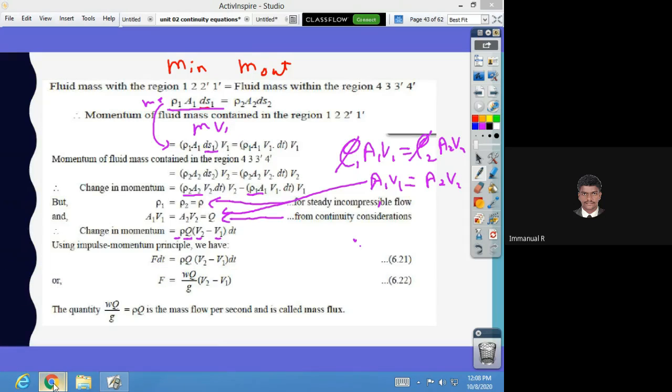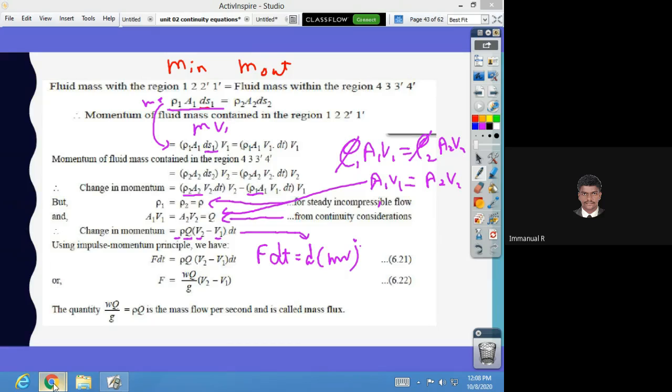And then using the impulse momentum principle. So from the impulse momentum principle, what is the formula? F dt will be equal to d of mv. So right now I have found the d of mv, that is the change in momentum. That is nothing but rho Q (V2 minus V1) into dt.